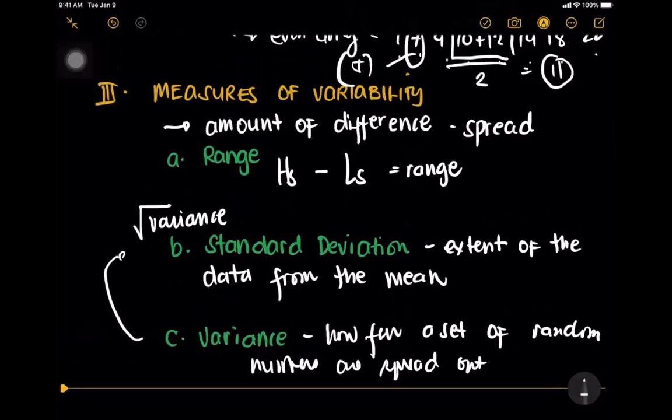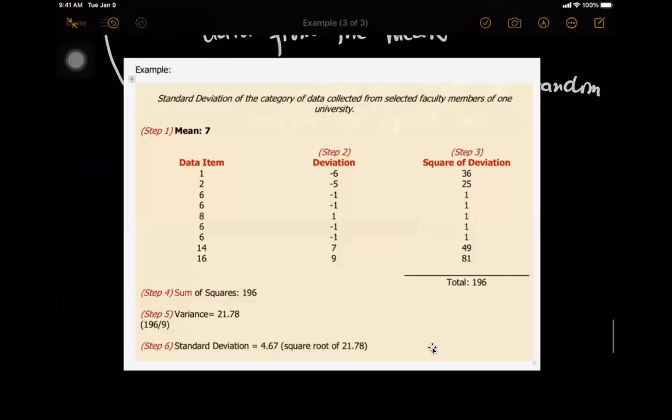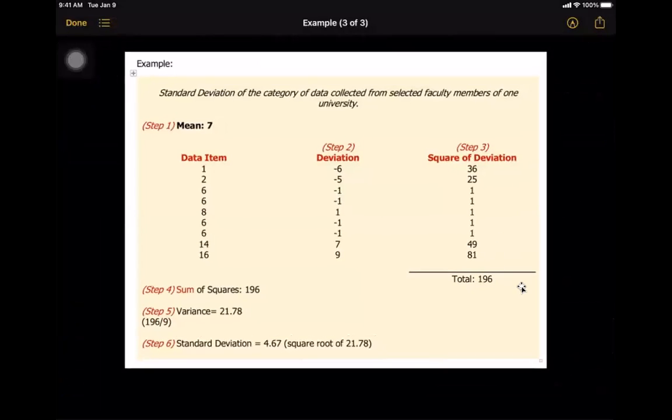Let's just have a quick run through of how we're going to solve for the standard deviation and the variance. The first step is, of course, you need to solve for the mean.